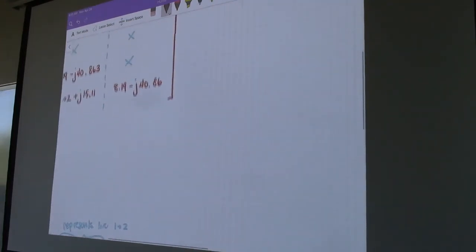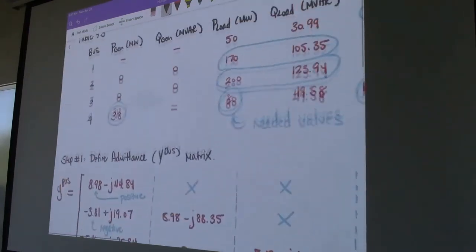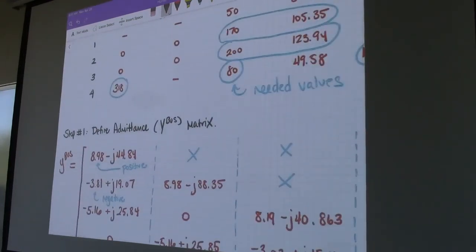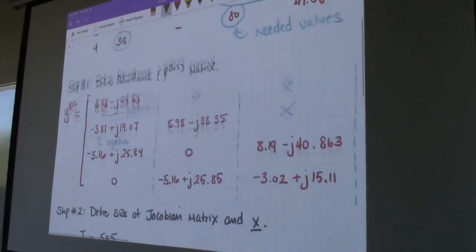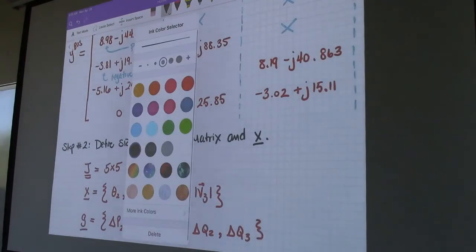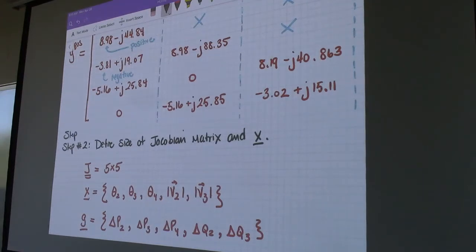And one thing that we haven't explicitly stated, although I should have said, is, let me put it in here as a mini step. We need initial conditions, so we can assume a flat start.